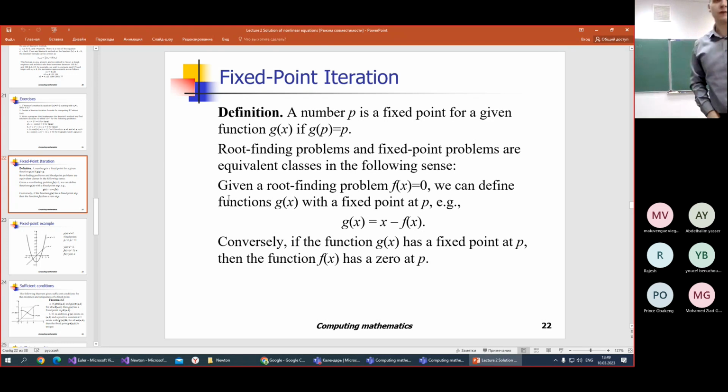And a root finding problem and a fixed point problem are equivalent classes of problems in the following sense.